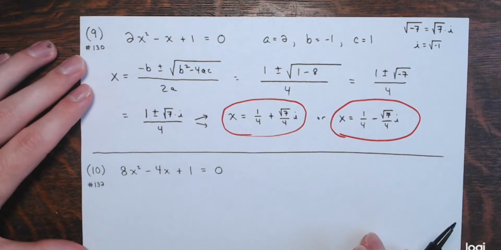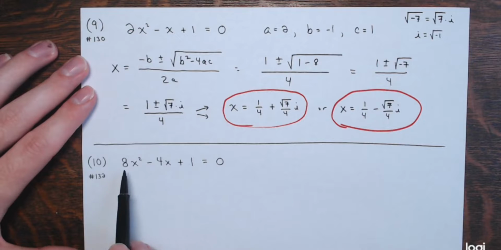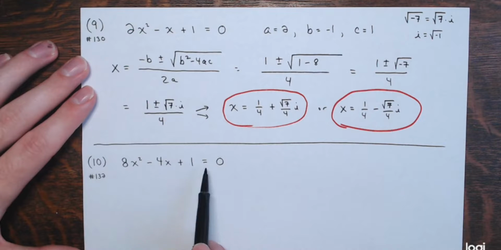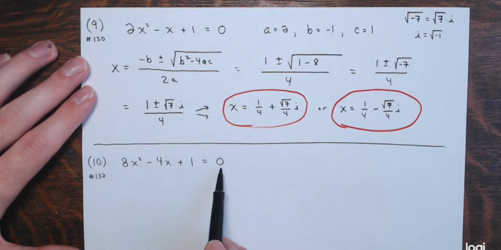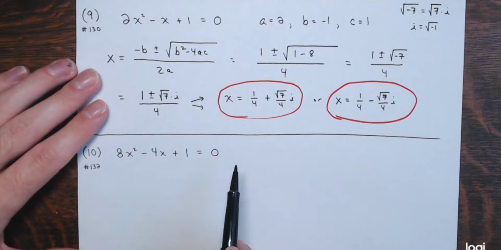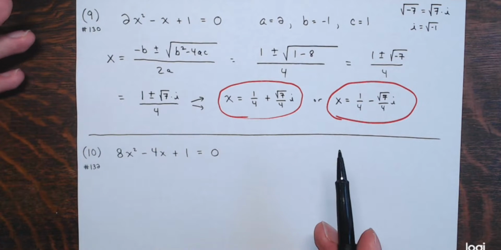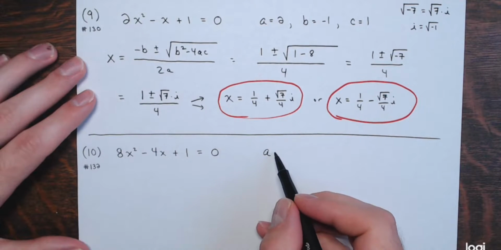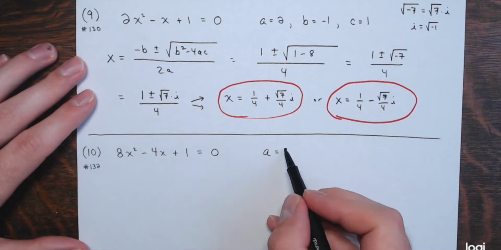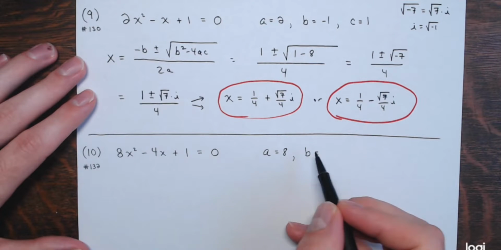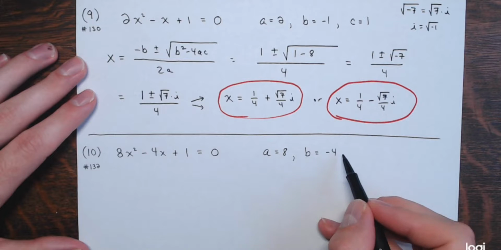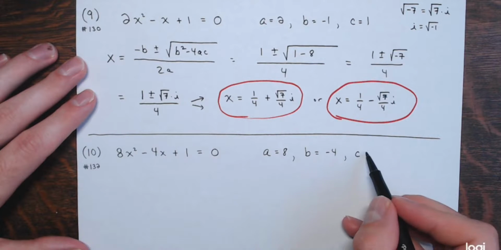Next question. So again, this is already set up the way I want. Quadratic plus linear plus constant equals 0. So I can jump right to the quadratic formula to state the solution. So the value of A here is 8. The value of B is negative 4. The value of C is positive 1.